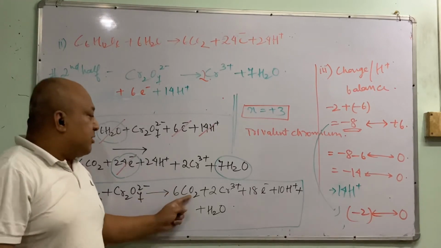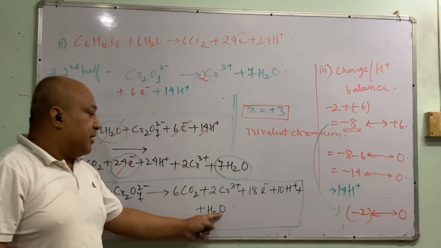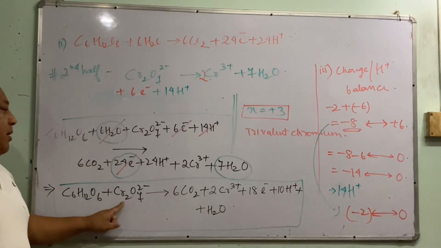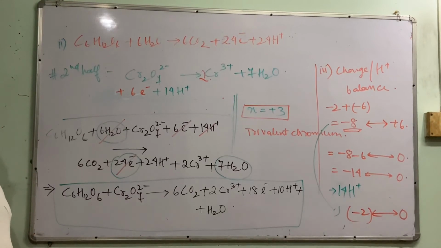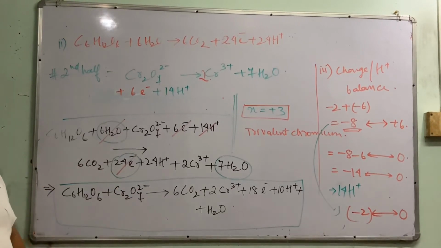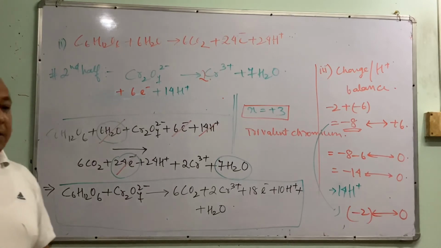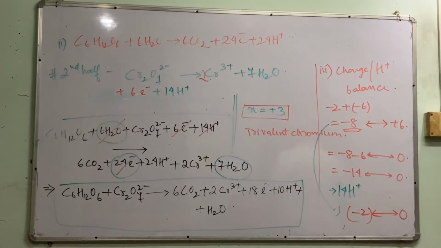So here 6 is 12 plus 1, 13 oxygen, 2 chromium, fine. So this is the complete final reaction. Okay, is it fine? So this is about the oxidation and the reduction reaction combined.